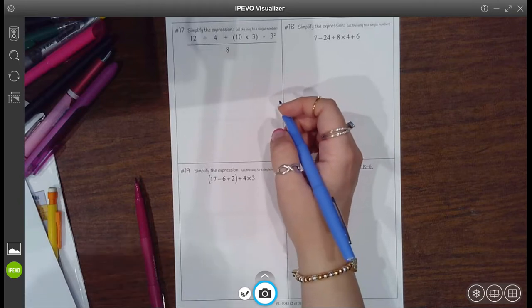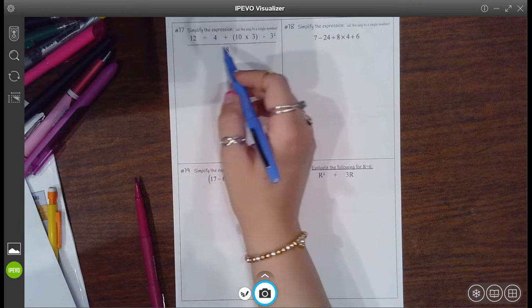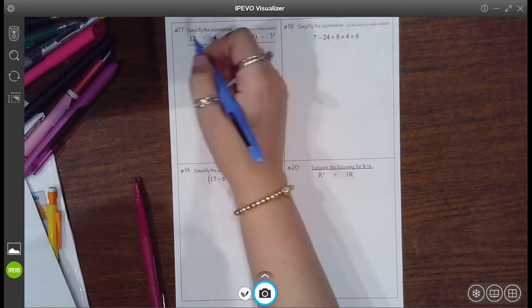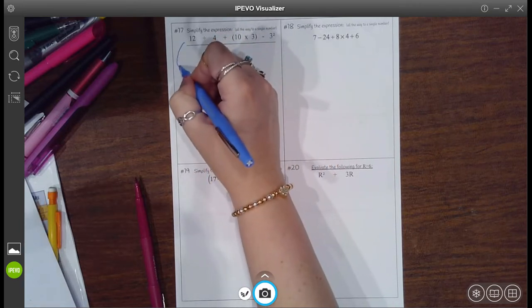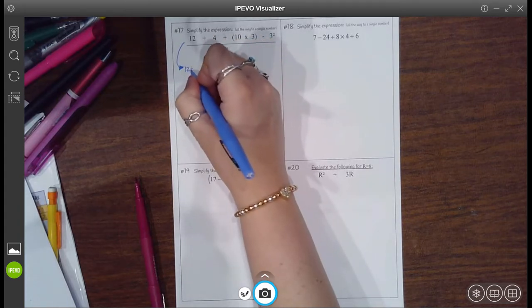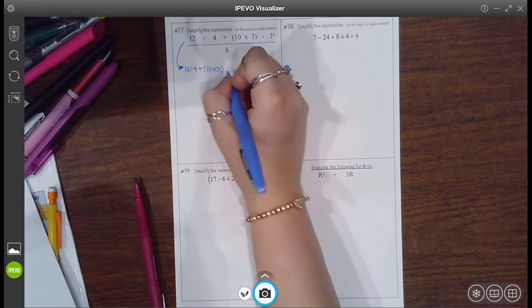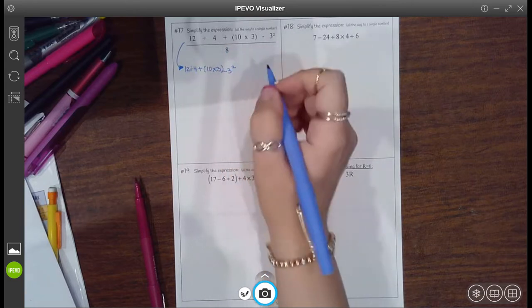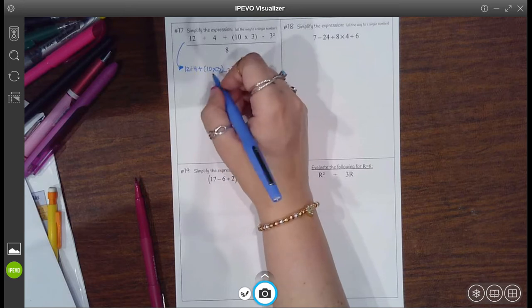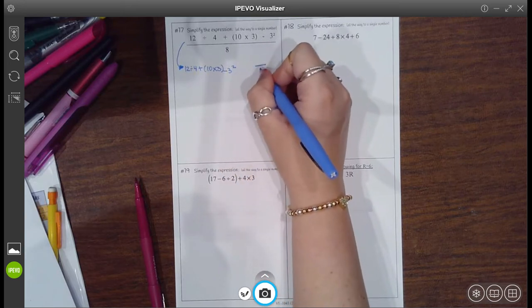This one, pretty tricky looking. Let's first of all focus on getting the numerator to one singular thing. So I'm going to focus on just the numerator first to get one single number. So 12 divided by 4 plus 10 times 3 minus 3 squared, over 8.